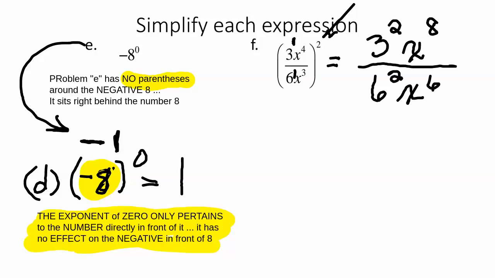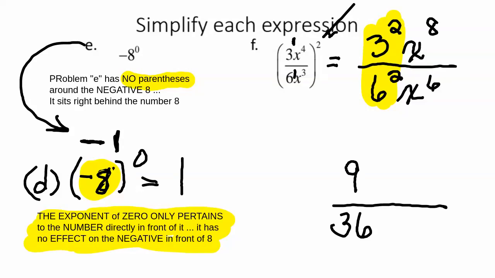Well, now we're putting a lot of things together. Notice I have numbers. Well, I've got to rewrite those numbers as 3 squared is 9, 6 squared is 36.